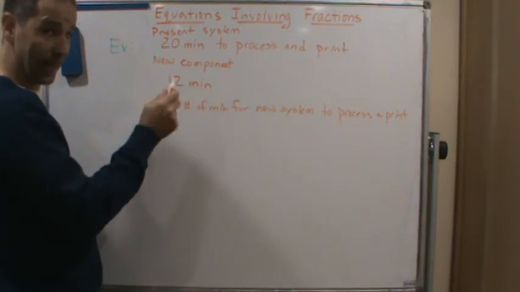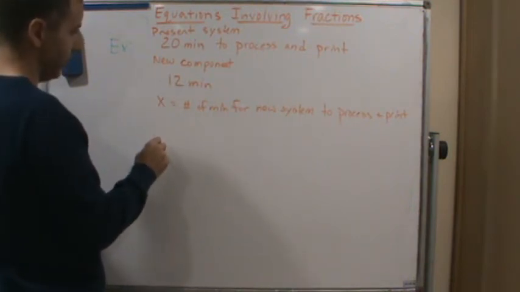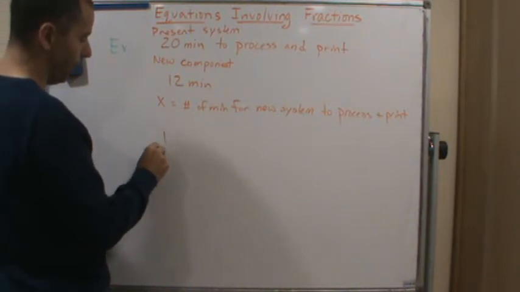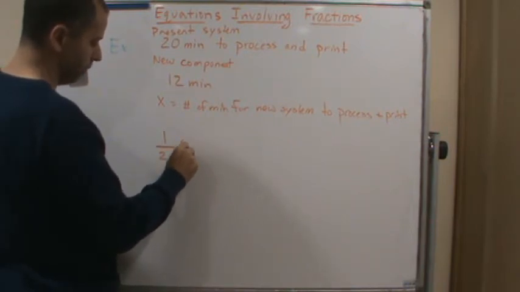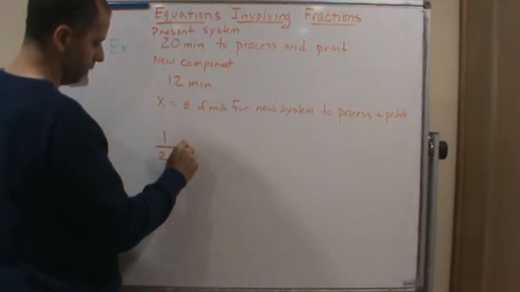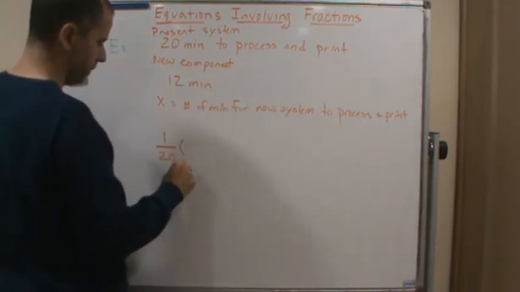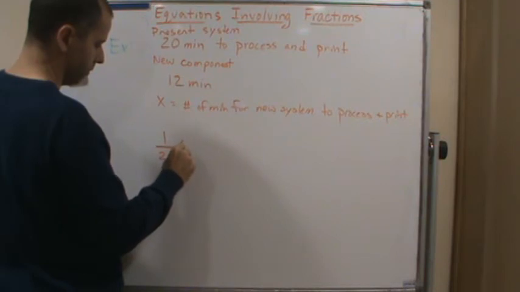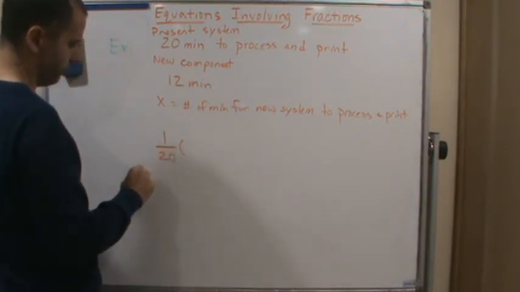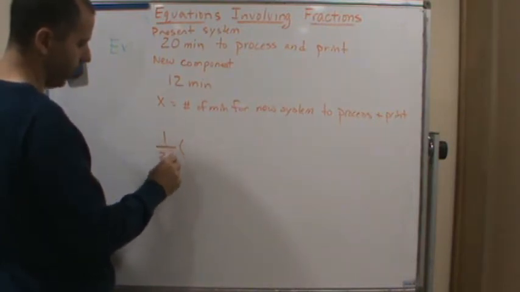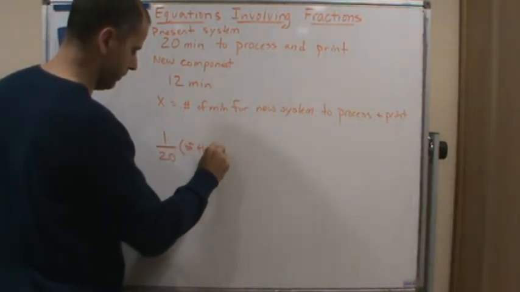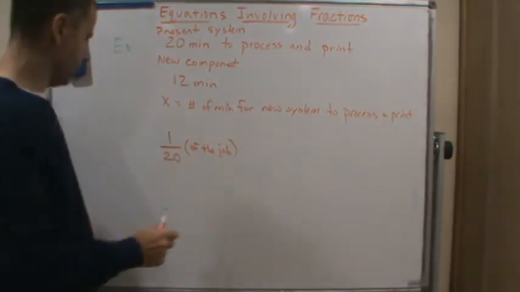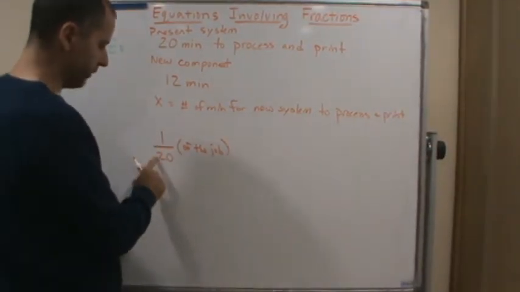So that means at a constant rate, the old system prints off at a rate of 1/20th of the job per minute, right?